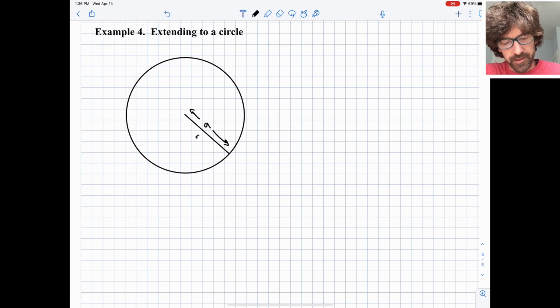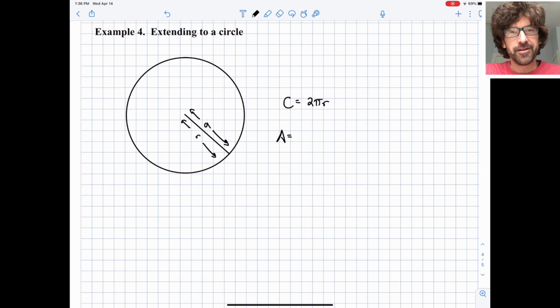We could also call this the radius of a circle. I want you to remember that the circumference of a circle, also known as the perimeter, is 2 times pi times r. So let's use our formula for the area of a regular polygon to really figure out if we could find the area of a circle.